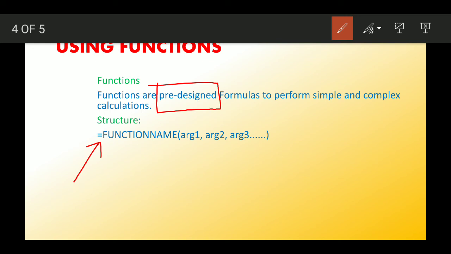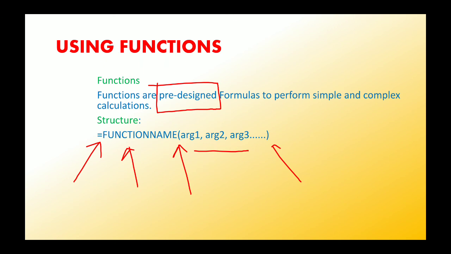So this is the structure of a function. First the equal to symbol, after that the function name, then we have an opening parenthesis, a closing parenthesis, and in between we have different arguments. So we have different functions and the different functions perform different operations.